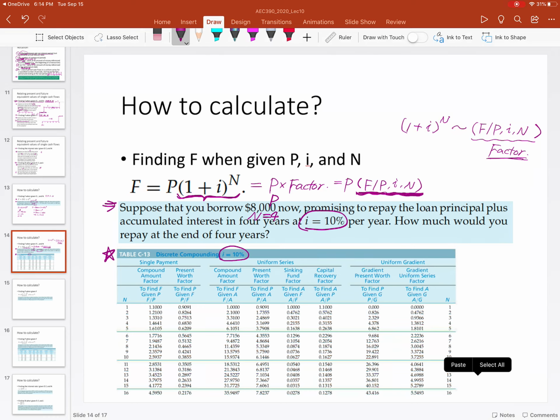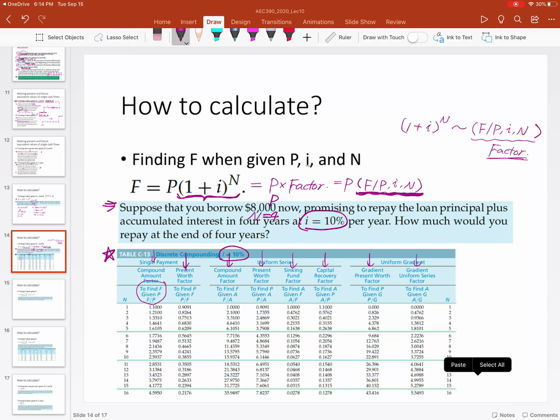After that, you are going to find the value of the factor. How do you find it? So you want to check the column, different columns, right? But each of them represents a single scenario. Check this. Find F given P. That's our case.